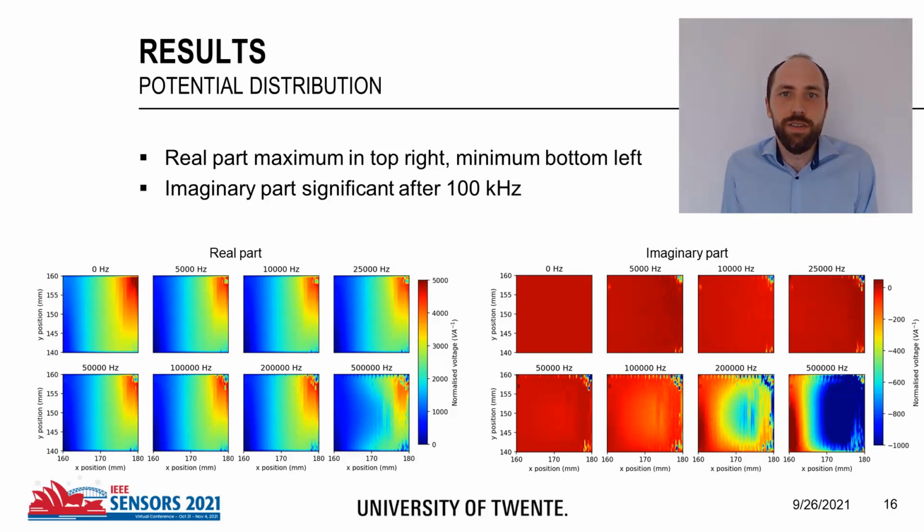The real part indeed does look very similar to the simulated results, as in the potential is the smallest in the bottom left corner and largest in the top right corner. And we also see that the imaginary part does also become significant after 100 kHz.